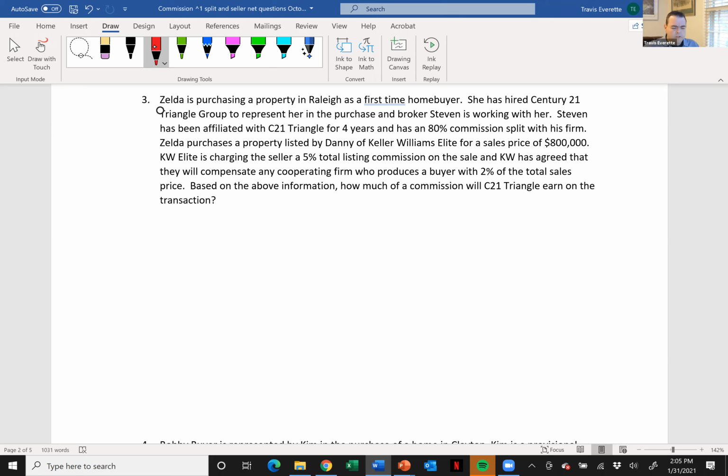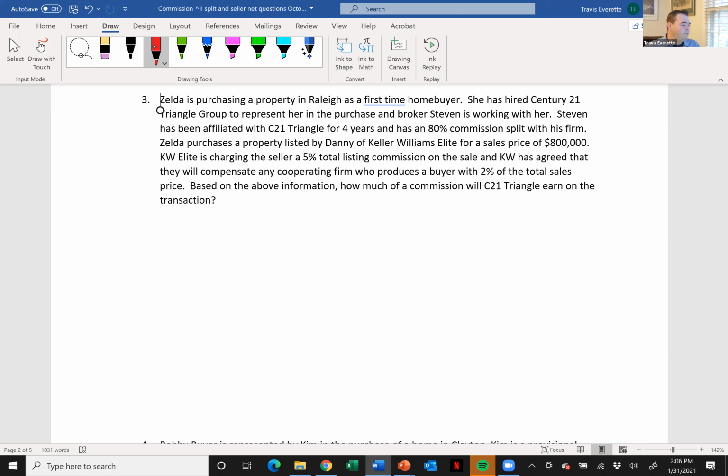It says Zelda purchases a property listed by Danny of Keller Williams Elite for a sales price of $800,000. Keller Williams Elite is charging the seller a 5% total listing commission on the sale, and Keller Williams has agreed they will compensate any cooperating firm who produces a buyer with 2% of the total sales price.